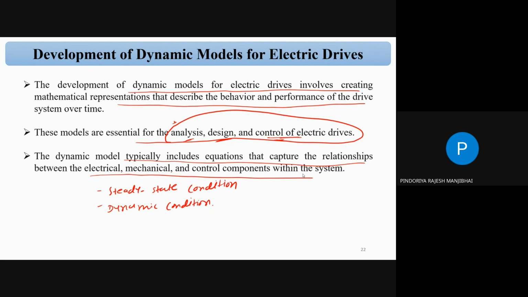So it is a relation between the electrical as well as the mechanical, so it is a component of both branches, the electrical as well as the mechanical component. And finally there is a control component. So ultimately we have to control. It is nothing but drives. Whenever we say drives, it is nothing but control of any motion. And whenever we say electric drives, that means we have to control the voltage and current, correct.